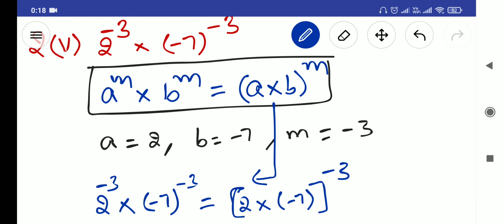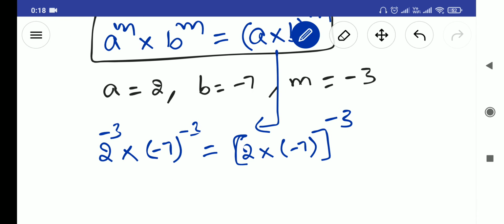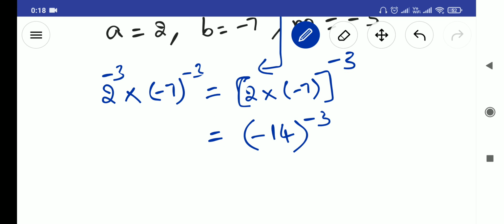Now inside the bracket, 2 into minus 7 is minus 14, whole power minus 3. Okay, so this is the step which we get.